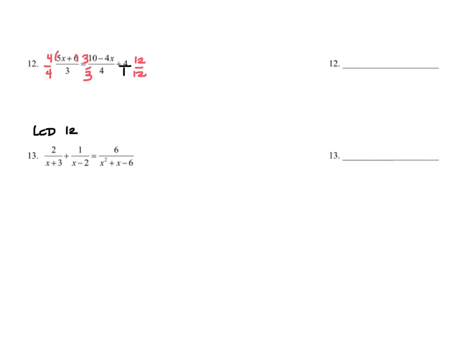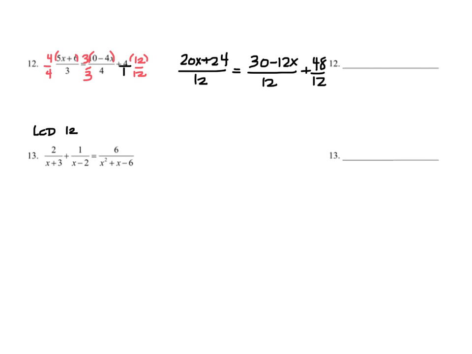And all of this is going to be in parentheses. And what I would get is, I'm going to distribute that 4, I will get 20x plus 24 over 12 equals 30 minus 12x over 12 plus 48 over 12.